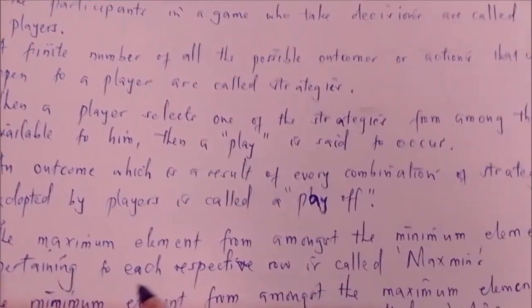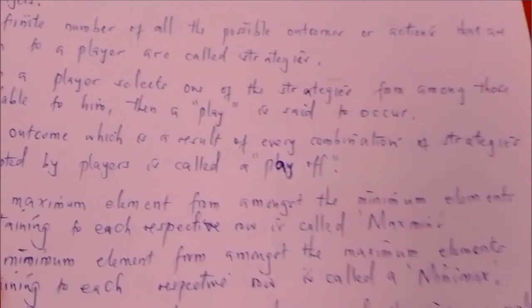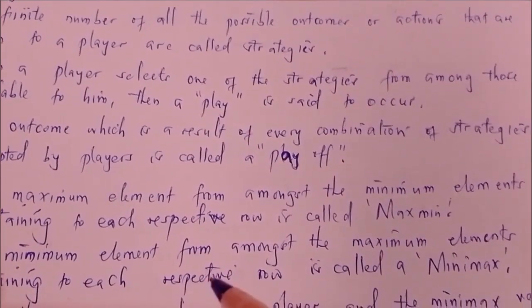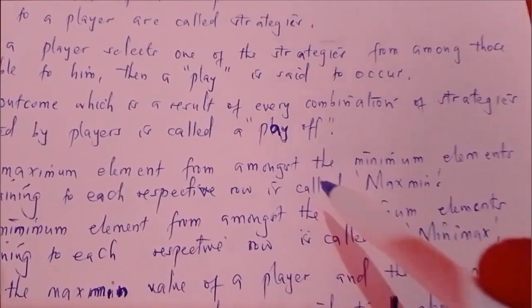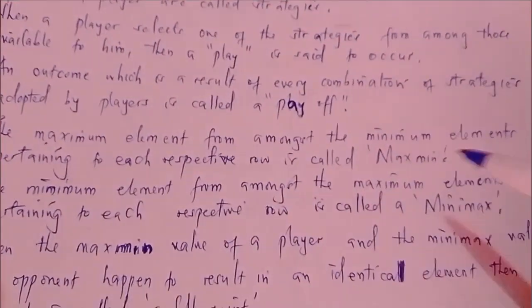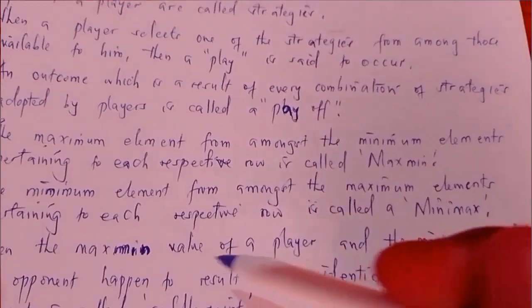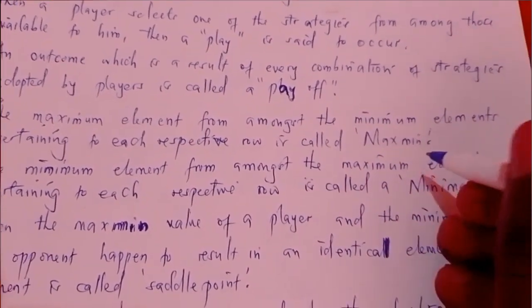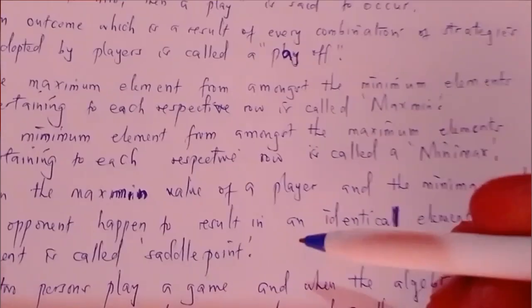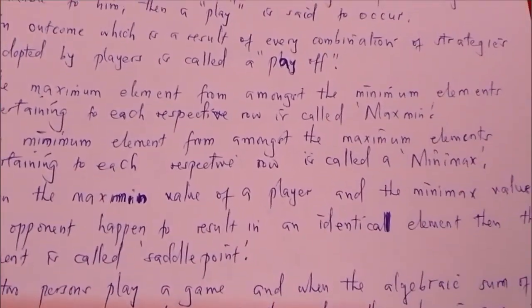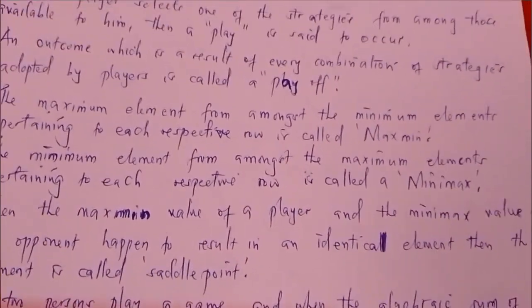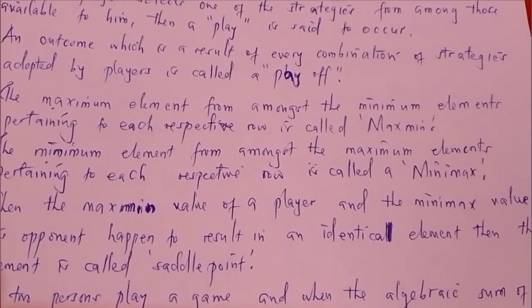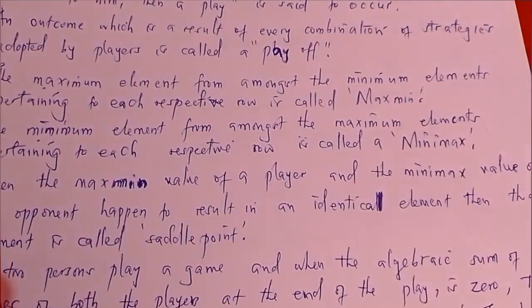Number four, an outcome which is a result of every combination of strategies adopted by players is called a payoff. Number five, the maximum element from amongst the minimum elements pertaining to each respective row is called a maximin. And the minimum element from amongst the maximum elements pertaining to each respective column is called a minimax.